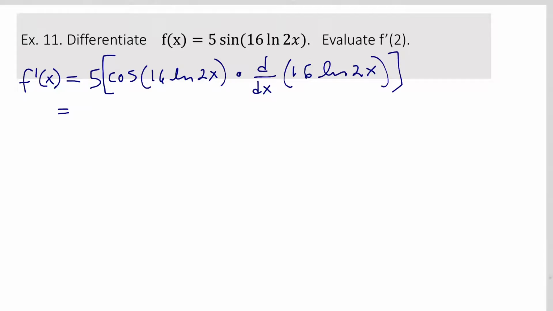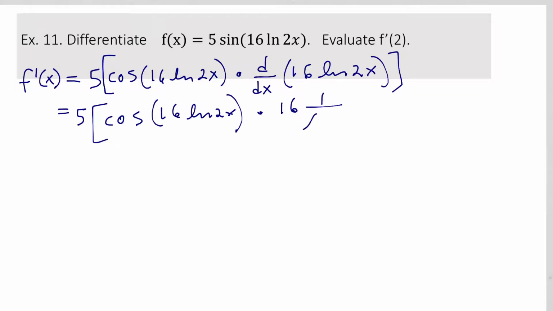All right, so now let's go ahead and figure out that end part. All right, so I've got 16 times 1 over 2x times the derivative of 2x, which is just 2. Okay, so now we're going to clean this up a little bit here. So these 2's here, those will cancel.